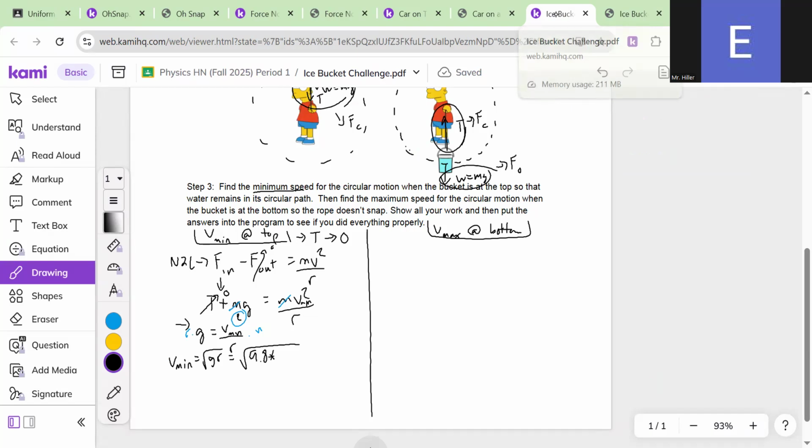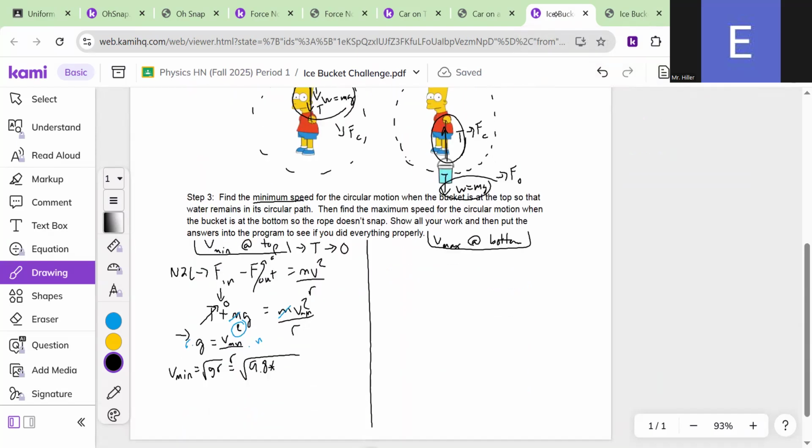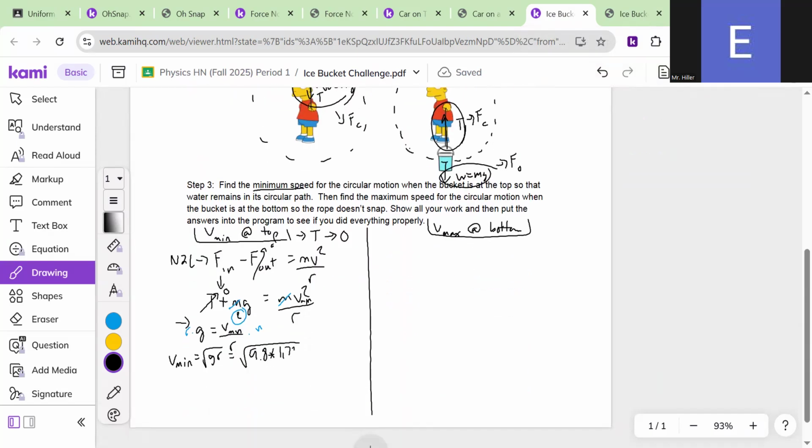Okay, and the radius of the bucket, 1.73. Okay, about 4.12. About 4.12 meters per second is the slowest speed it can have for the water to still remain in the bucket.